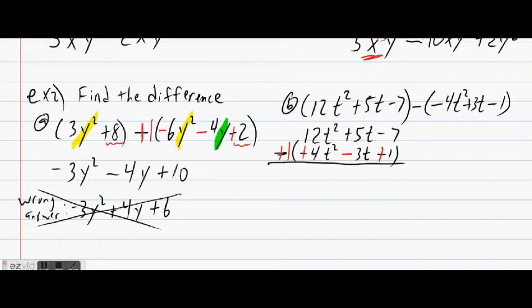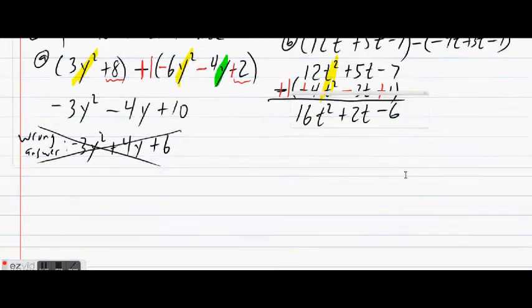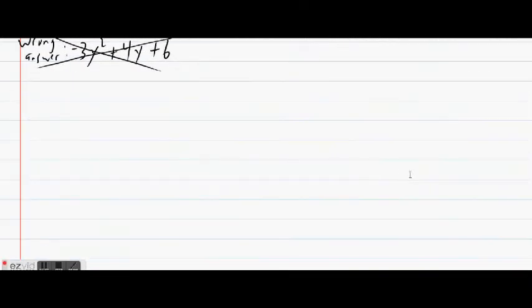And then we add straight down. 12 plus 4, 16t squared. 5 minus 3, plus 2t. Negative 7 plus 1, minus 6.